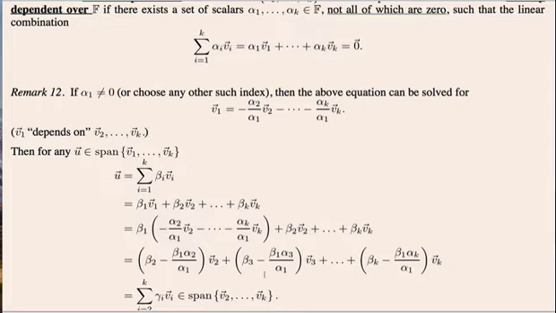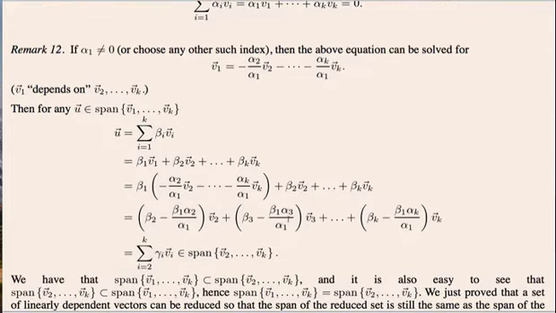Then similarly for v3, and for vk we have the coefficient beta k minus beta 1 times alpha k over alpha 1. But then what you see here is that this is just a linear combination of v2, v3, through vk. That means this is actually in the span of v2 through vk.